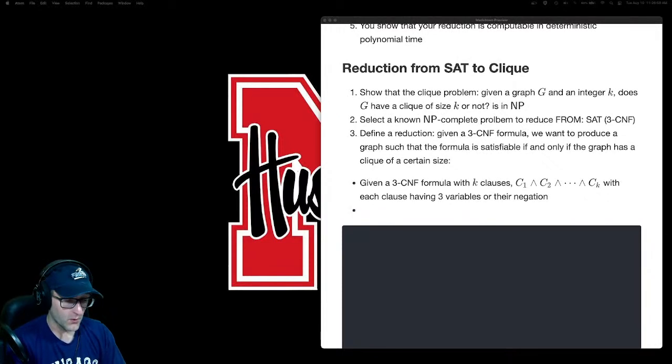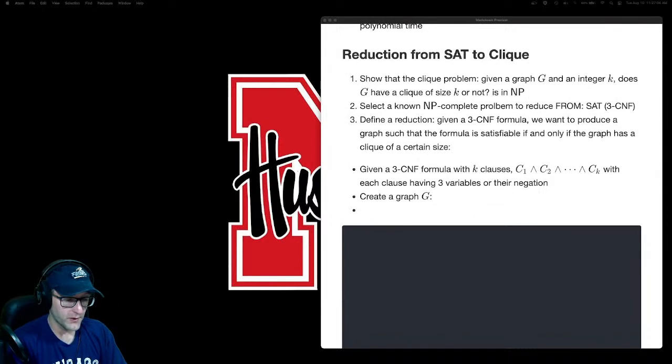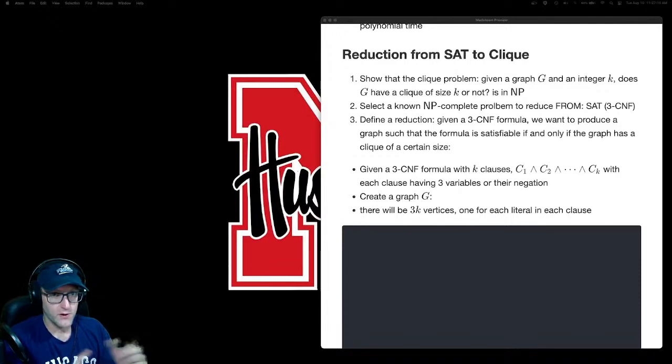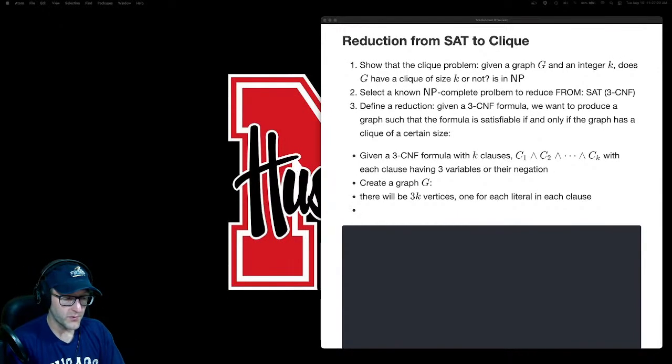Right? We're going to create a graph G as follows. There will be 3k vertices, 1 for each literal in each clause. It doesn't matter if the literals are repeated. If I've got x1 over here and x1 in some other clause, it's still going to get a unique vertex. Okay? The edges will be drawn as follows.